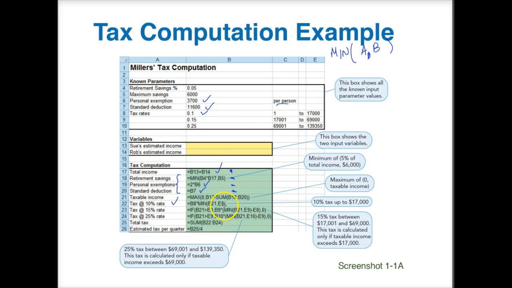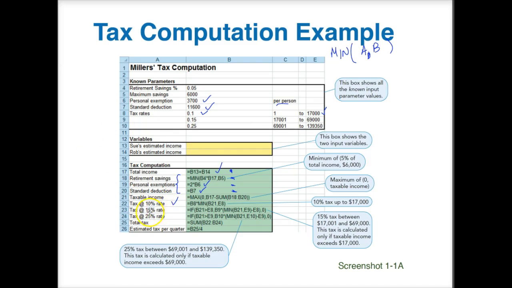And E8, if we look at E8, is right here, 17,000. So we're trying to find, for the 10% tax rate, basically 10% of the smallest number between B21, which is our taxable income, and E8, which is the top of the 10% tax bracket, okay? And of course, for the 15% and 25%, everything follows suit there.